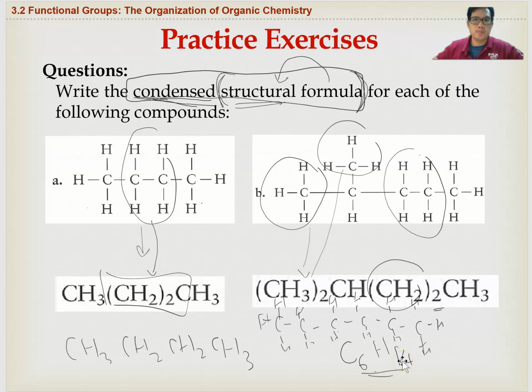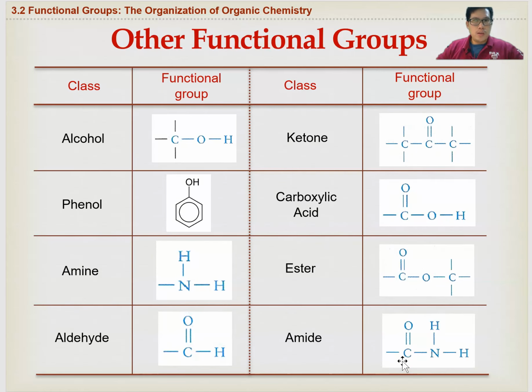Some of the other functional groups you may see are attached to the hydrocarbon backbones. For example, if I have the alkanes, a functional group can be attached and give additional function to the molecule.